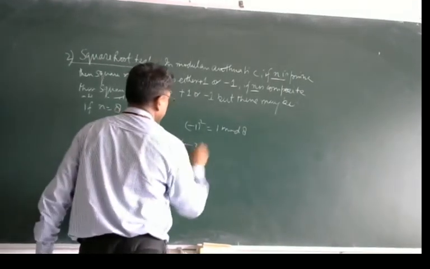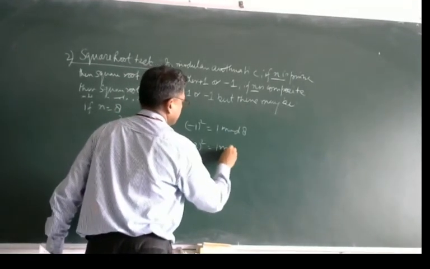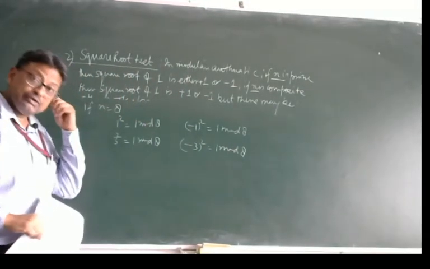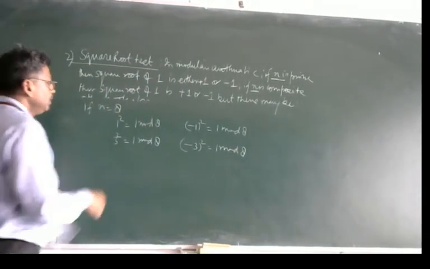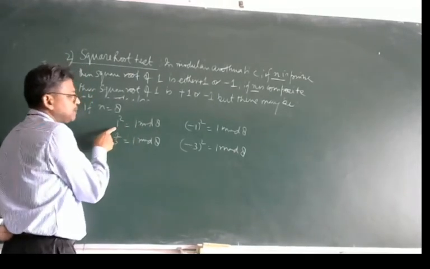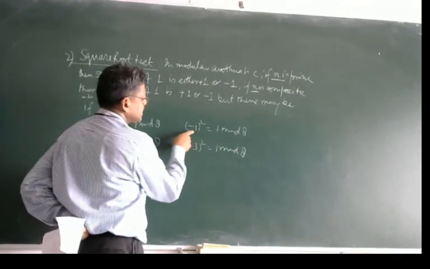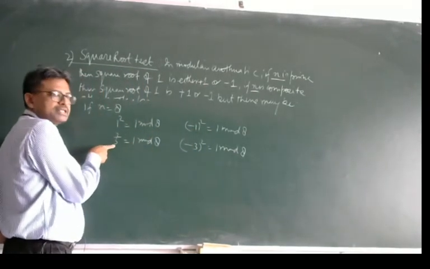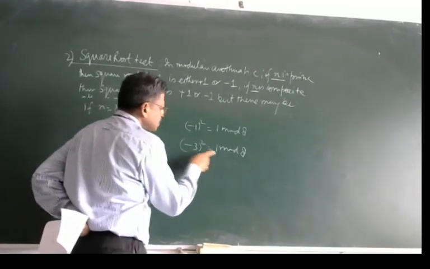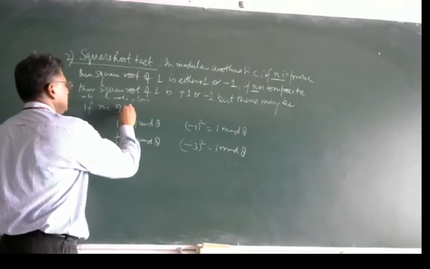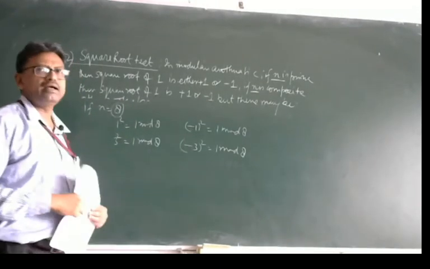Minus 3 square is equal to 1 mod 8. So it means we are getting different values. If we take the square root both the sides, the square root of 1 is plus 1, the square root of 1 is minus 1. Here we take the square root of 1, so the root is coming as 3. Here it is coming as minus 3. It means 8 is a composite number.